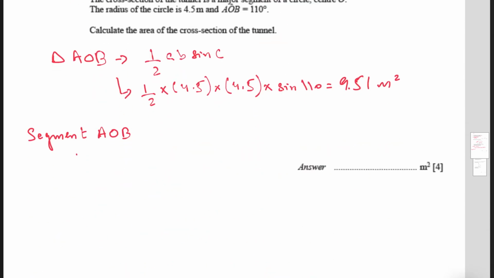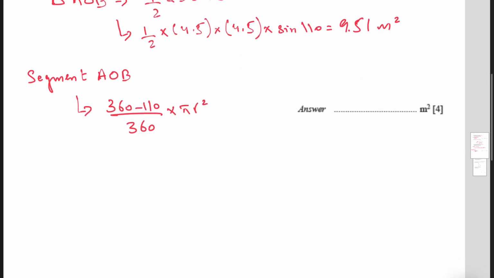So first of all, the formula that you use is, you subtract 110 from 360 and divide that by 360 and multiply the entire thing by pi r squared. So 360 minus 110 gives you 250. You divide 250 by 360 and multiply it by 3.142 times the radius, which was 4.5 squared.